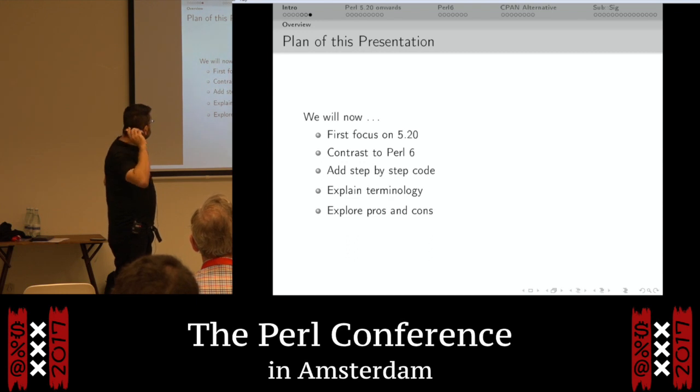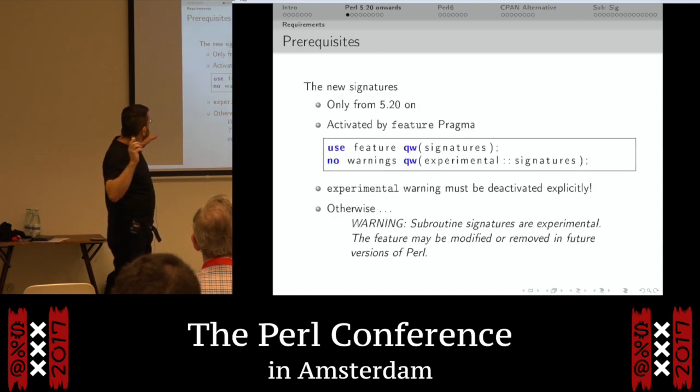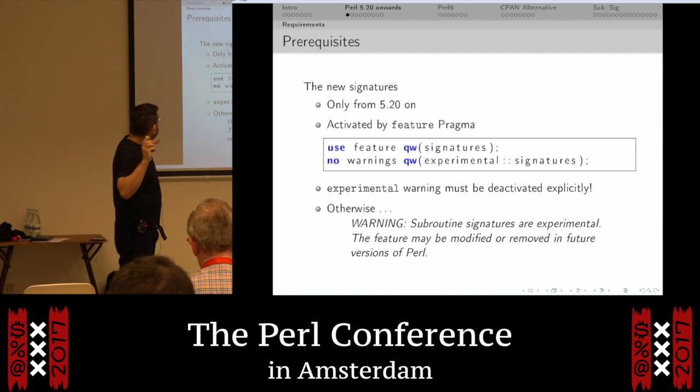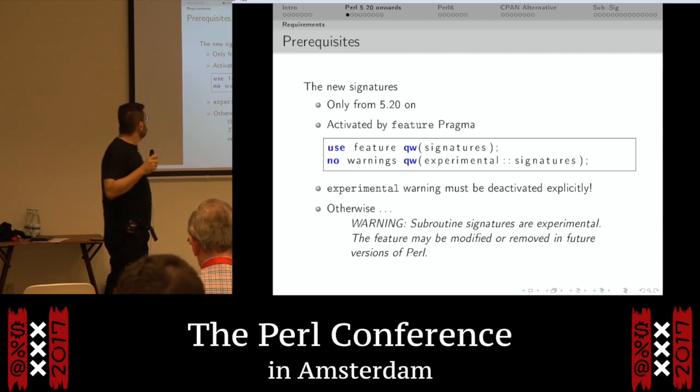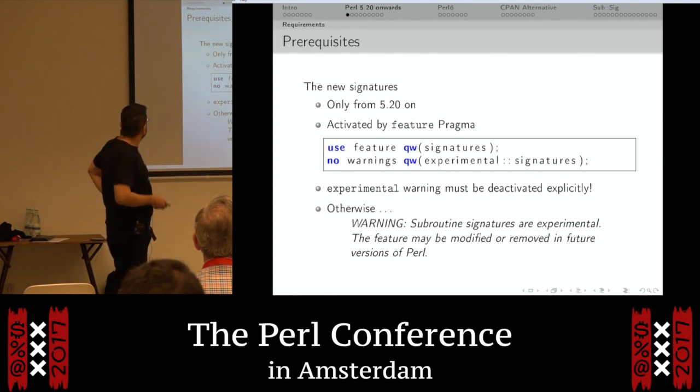So, prerequisites. The new signatures come from 5.20 on only. They are activated by a feature pragma, and you have to put use feature and no warnings experimental signatures.